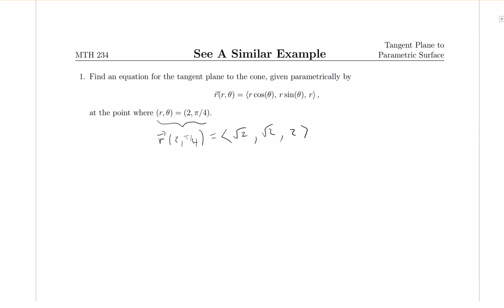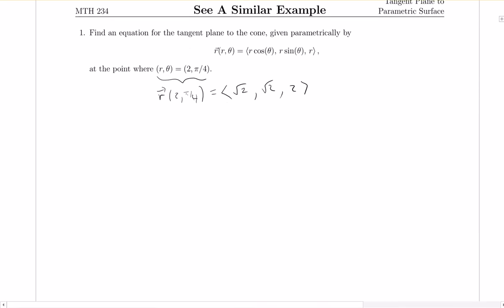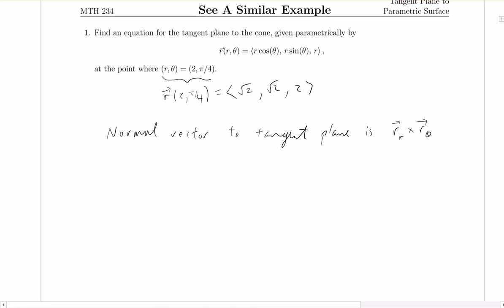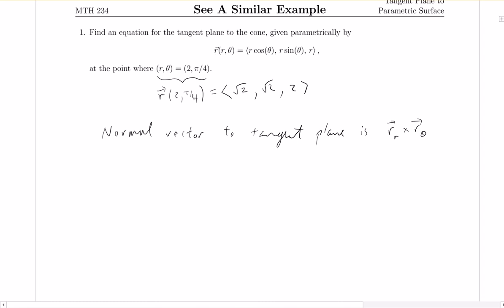So, the key thing here is that the normal vector to the tangent plane is this vector, the cross product of r_r and r_theta.